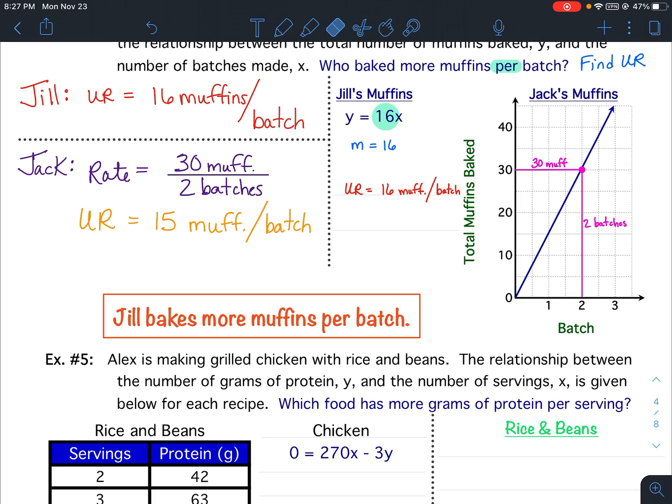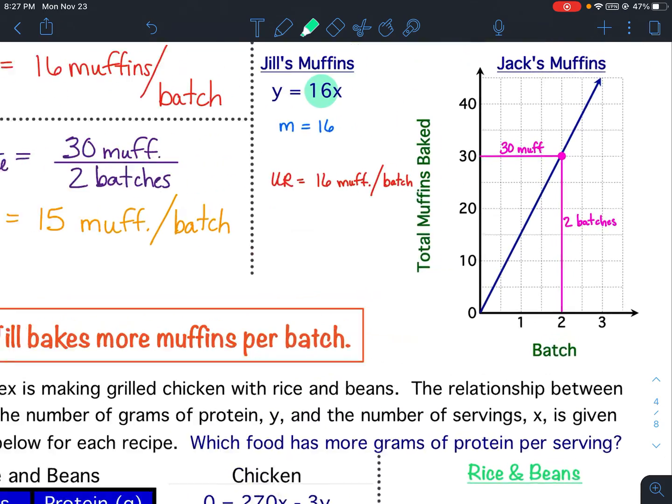Now, we actually did more work on this problem than we needed to. I wanted you to find the rate on the graph by setting up a rate, and to find the unit rate by first setting up a rate and then dividing. But I'm going to teach you a little trick.